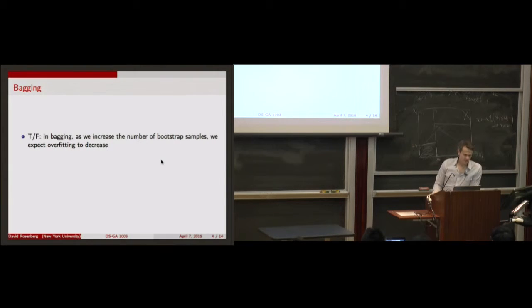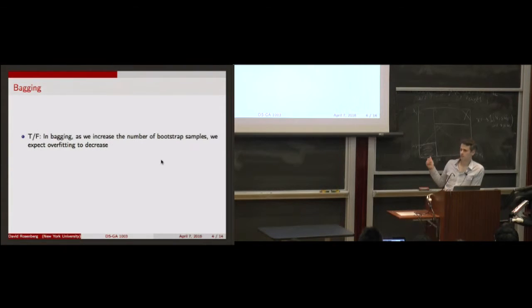True, false. In bagging, as we increase the number of bootstrap samples, we expect overfitting to decrease. Very confusing. So if you do that resampling thing, and you keep adding more and more prediction functions to your ensemble that you're just going to take the straight average of, would you expect adding more functions to lead to overfitting, or make overfitting less likely?